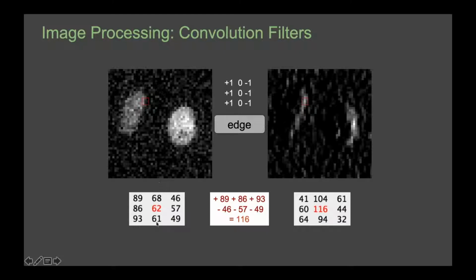All of those get multiplied by 0, so they go away, and all of those ones by -1, and then I simply add all of this together and I get 116. And that's a rather high value, and that is because this pixel in fact sits on an edge. So in my new image, I have a high value. So this is another example, and you can imagine there's many things you can do, and it's also really a whole field of coming up with clever convolutional filter kernels.